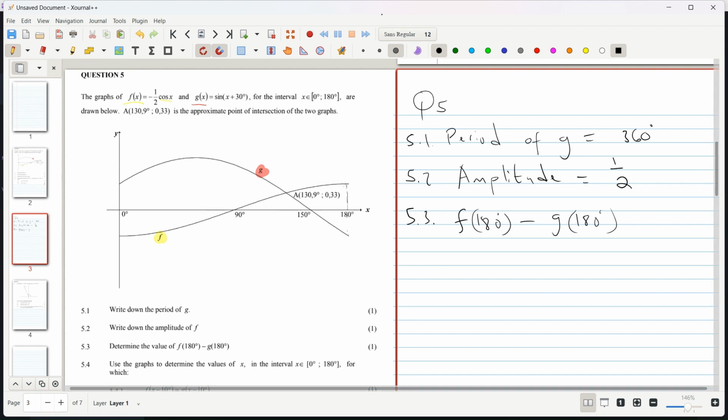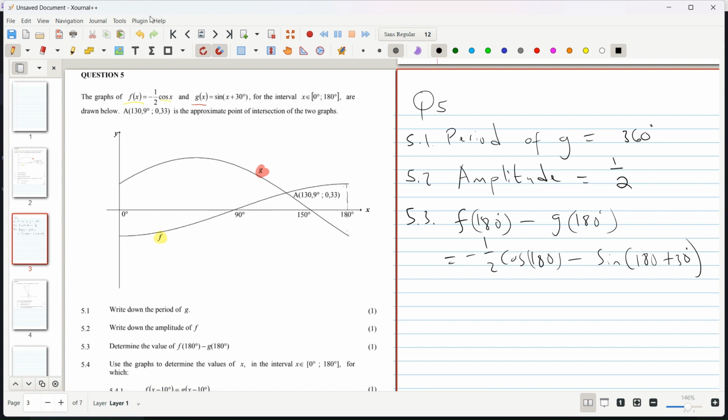We can simply substitute into our equations here. So when we substitute 180, we'll have negative half cos 180 minus sine of 180 plus 30.